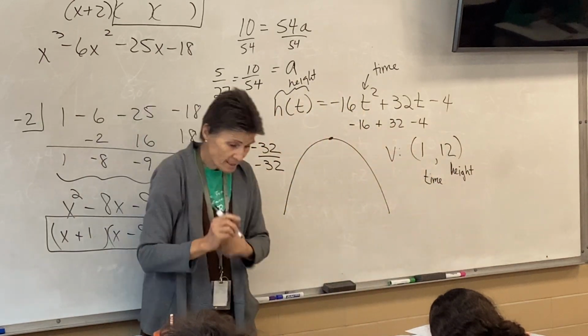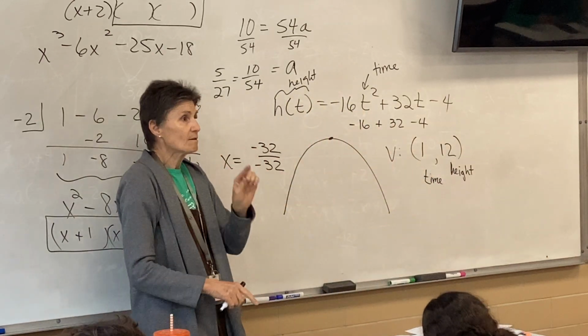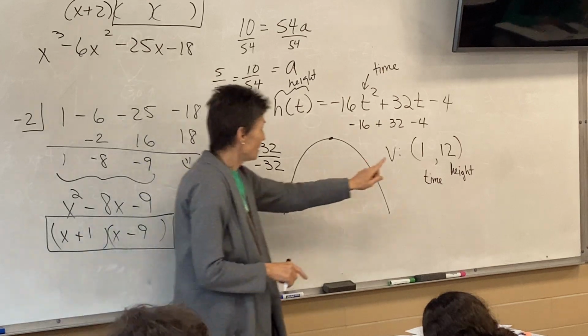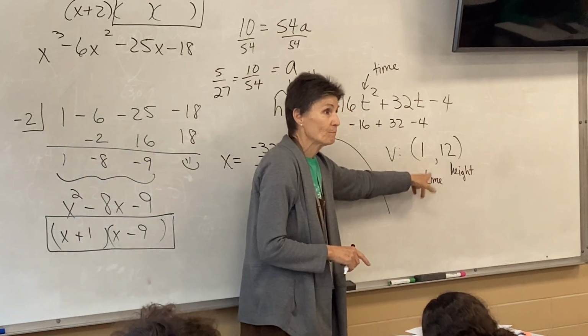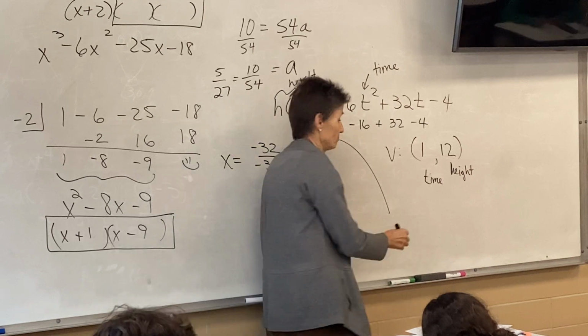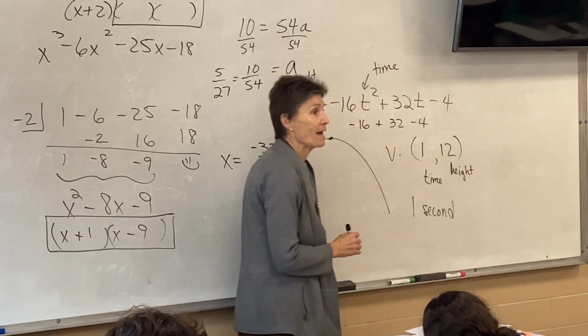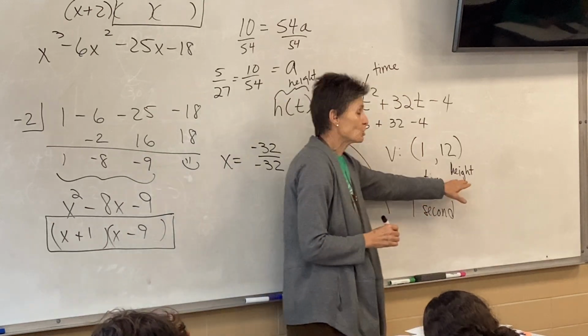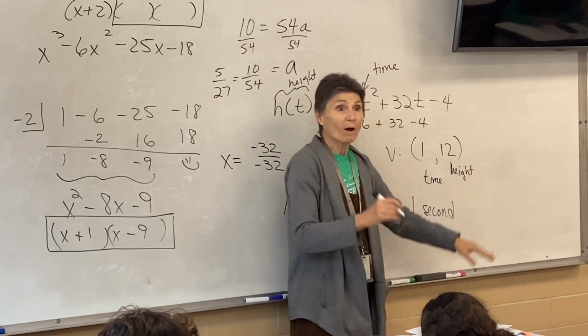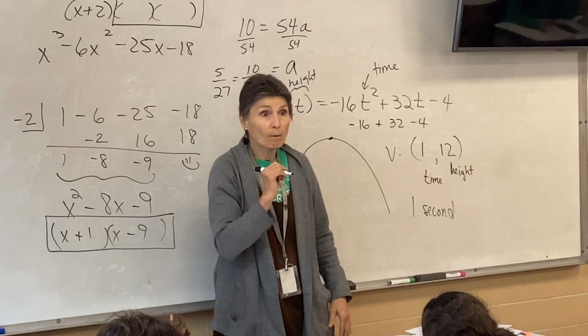Now, the question says, when does the ball reach its maximum height? When is a time question. So 1 second. That's when it reaches its maximum height. What is the 12? The 12 is the feet. How high does the ball go?